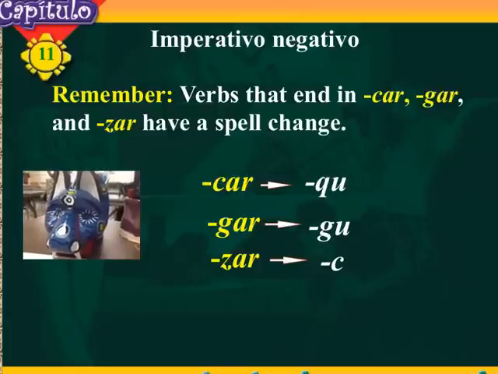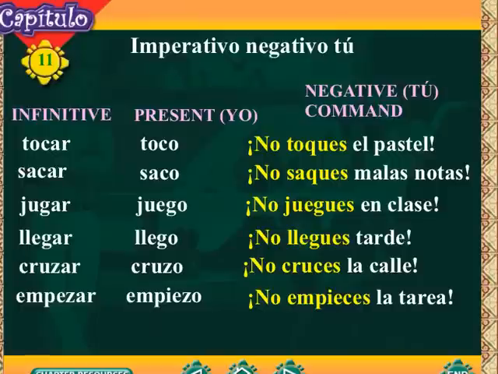So let's take a look at some of these verbs. So here they are. A verb like tocar. The yo form is toco, but because it's a CAR verb, you need to have that spell change occur. And so it's no toques. Remember, it's an AR verb, so you're going to add an -es, but you also have to spell change it. The c's got to go to qu. Same thing with sacar, no saques.